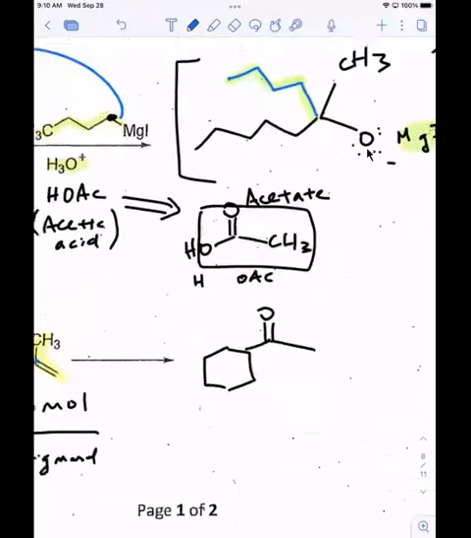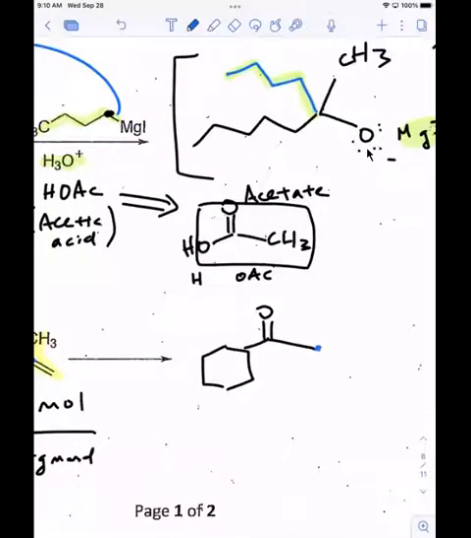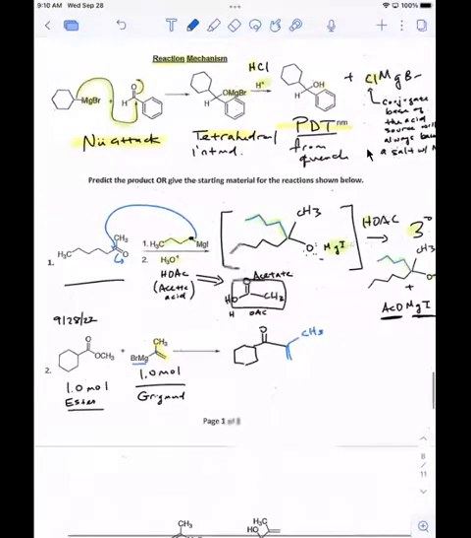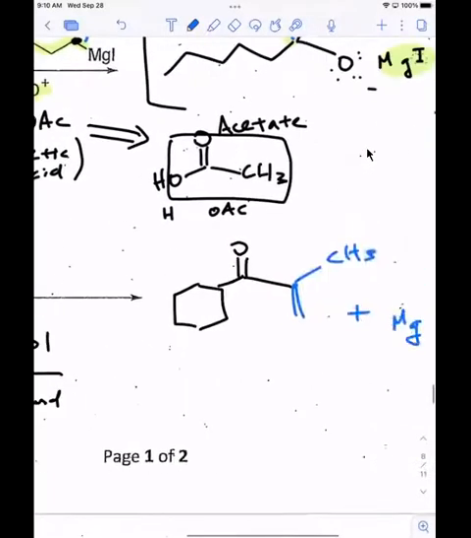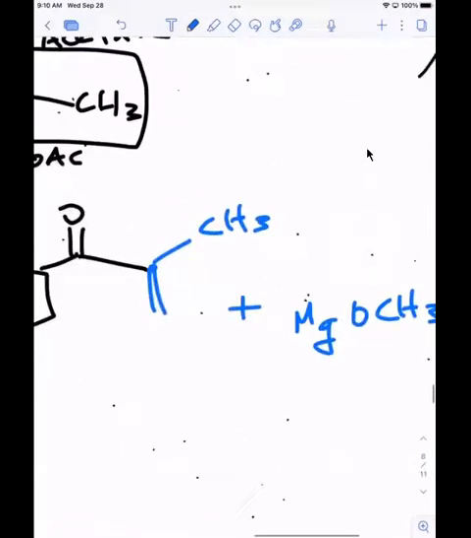So it's going to be that carbon right here. That makes up that ketone. So it'll be that, plus, eventually, the halogen is bromine. Plus that. Good.